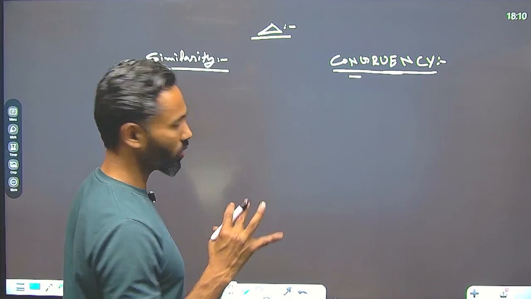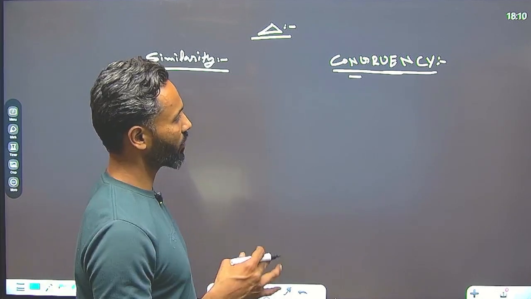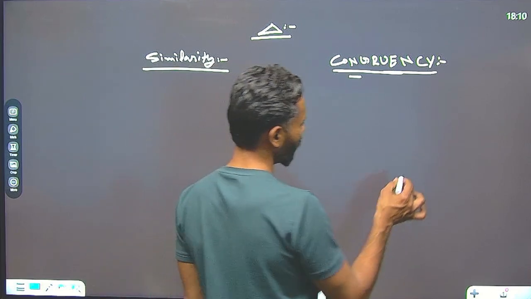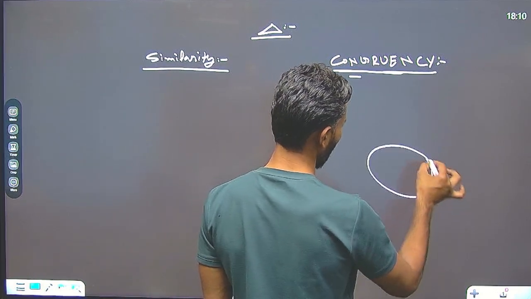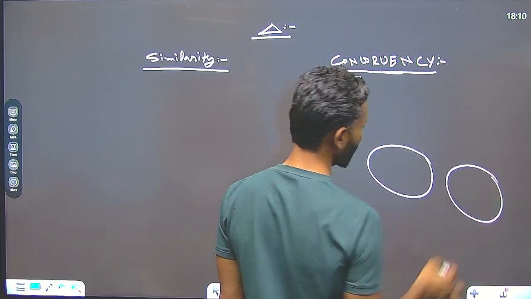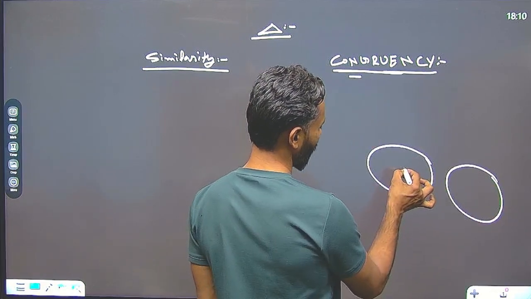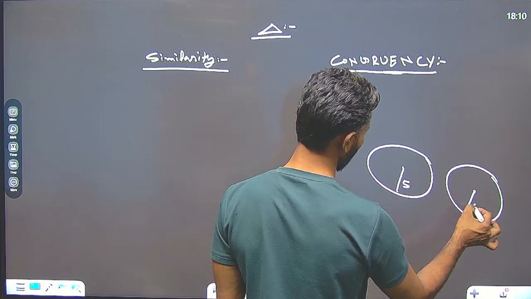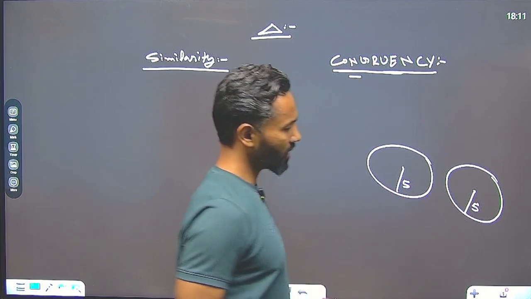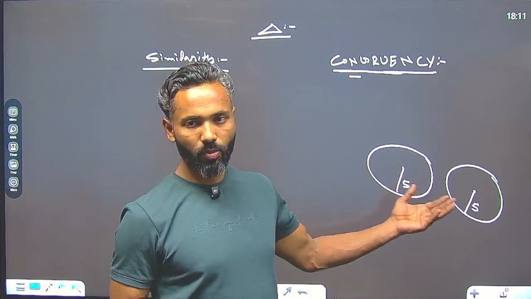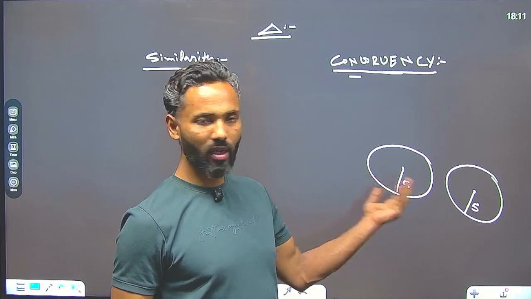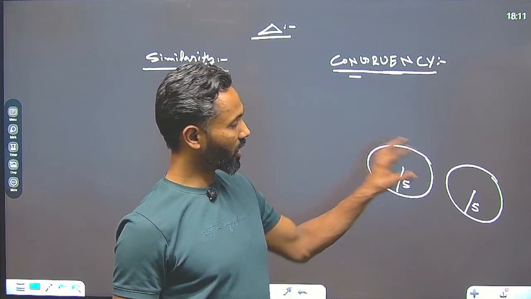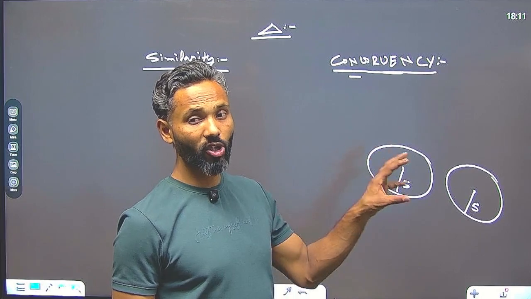I'm going to make you understand with the help of an example. Suppose here are two circles. This is circle 1 and this is circle 2. And I'm saying the radius of the first circle is 5 centimeter and the radius of the other circle is also 5 centimeter. So you can see these are two circles, both are circular, and the radius of each circle is equal. So both circles are going to overlap each other.